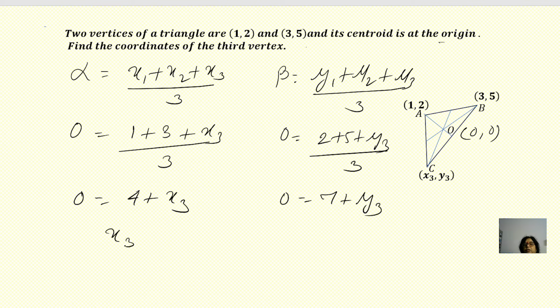So x3 is equal to minus 4 and y3 is equal to minus 7. So the coordinates of the third vertex are (minus 4, minus 7). I hope this is clear. It was a very simple application of the centroid formula.